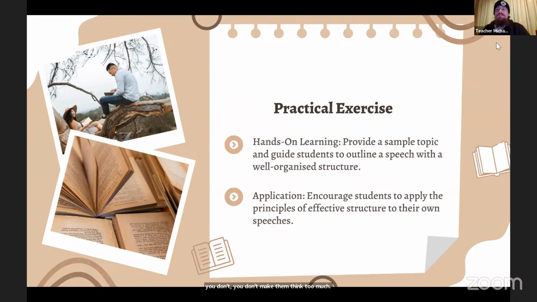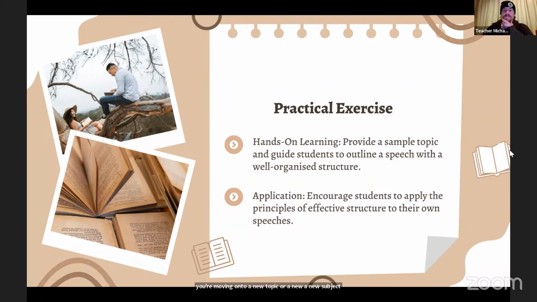So make it as simple as possible. And remember the technique, I think we talked about it in a previous lesson. It's called signposting. Make it obvious. So use words to begin your paragraphs like firstly, secondly, or next, or words like that to let the audience know that you're moving on to a new topic or a new subject to do with your speech.